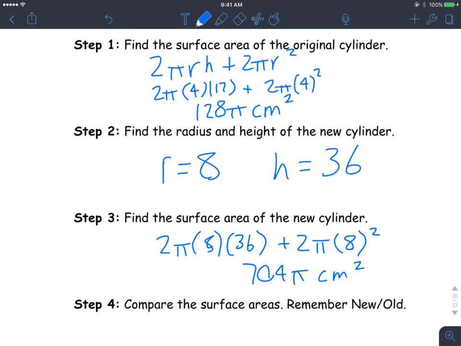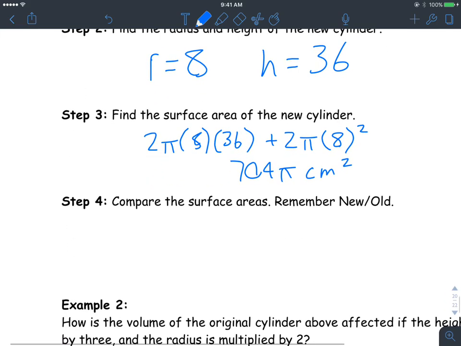So if we want to compare the different surface areas and see what type of ratio those have now, we can take those two right there and go 704 pi divided by 128 pi. What's nice about this is we don't have to really mess with the pi's because those are going to cancel out.